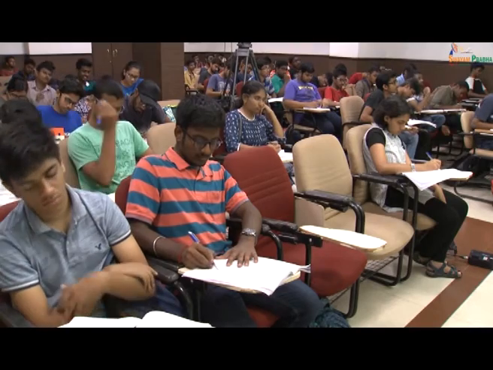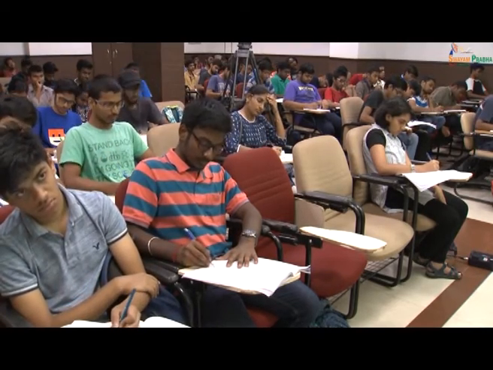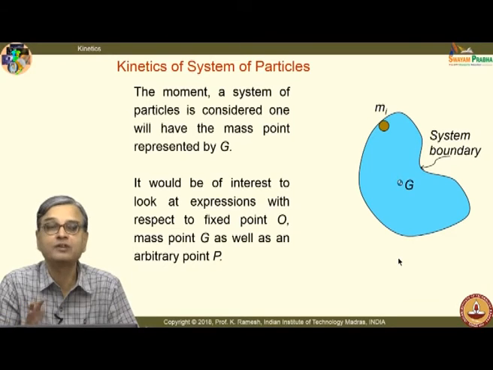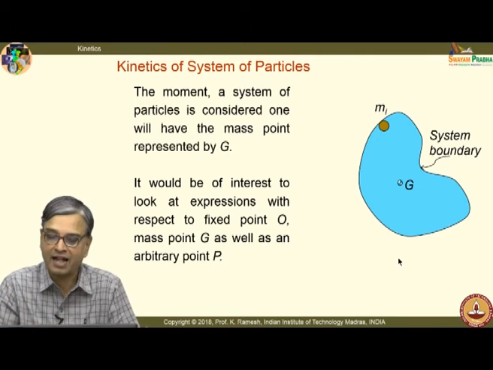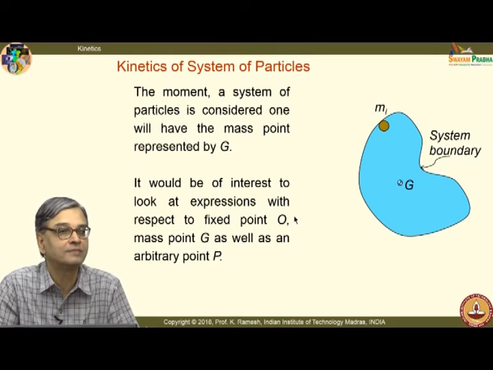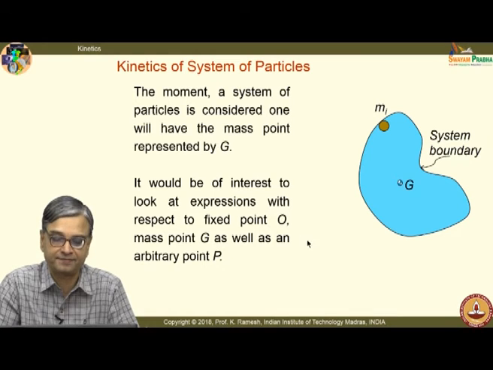When I say arbitrary point, it can be anywhere in space that is convenient for us to do the calculations later. And you should recognize, when I have an arbitrary point, that point will have an acceleration. It is not like a fixed point O, which is fixed in space. That is the difference. I have an inertial frame of reference attached to point O. Such a restriction is not there for G as well as P. The points can have accelerations.